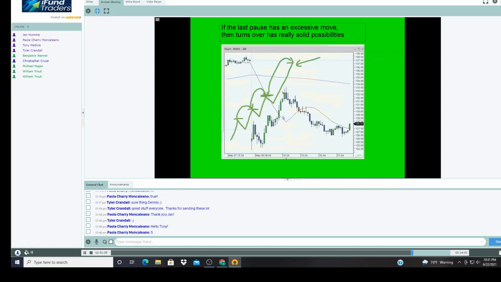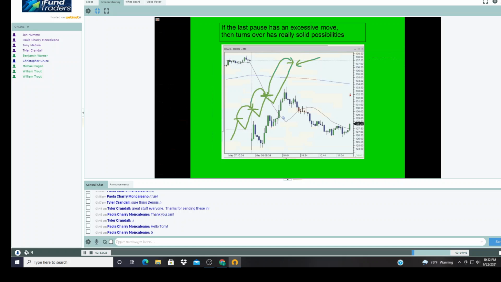So the last move, here's an example that Oliver drew, right? One leg up, one leg up, one leg up. The last leg up, this was 4 legs up in this example. If it's an excessive move, the last leg is long, then the turnover is really a solid possibility. It's going to roll over. I was just saying all of the different concepts for it to turn over.